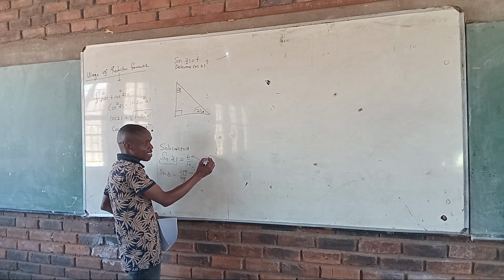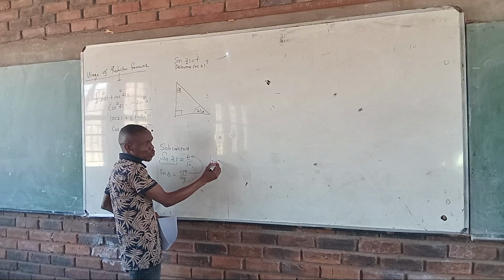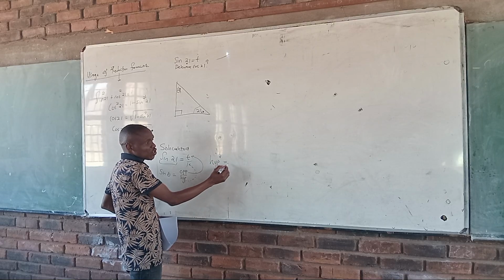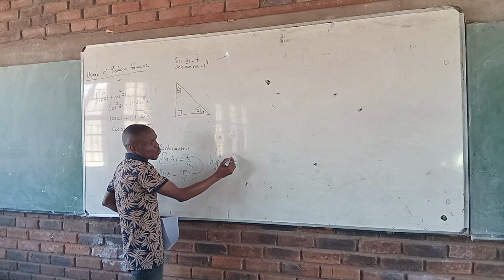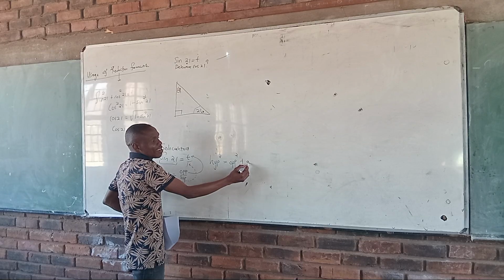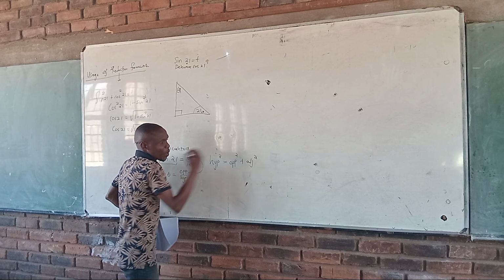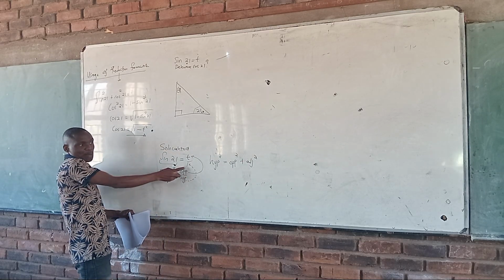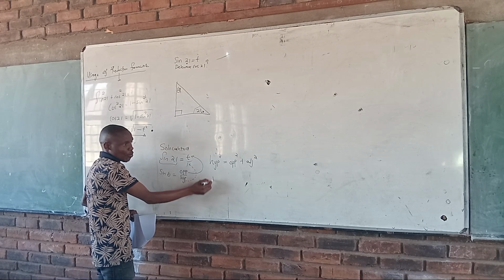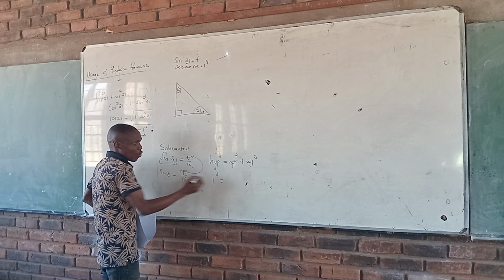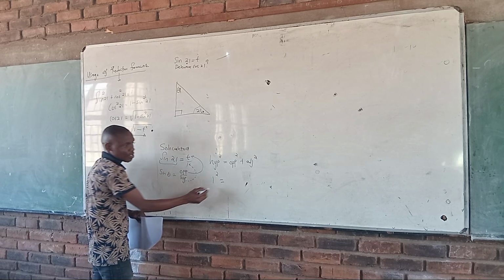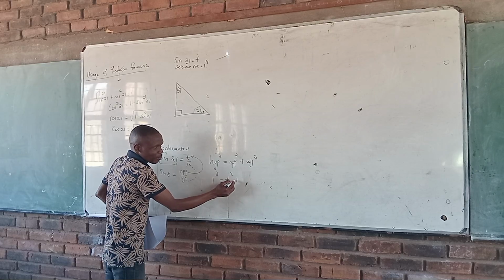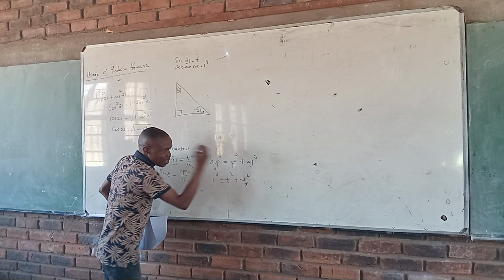Theorem of Pythagoras says hypotenuse squared is equal to opposite squared plus adjacent squared. We are saying the hypotenuse is 1 squared. Opposite we are saying is t squared plus what? Adjacent squared.